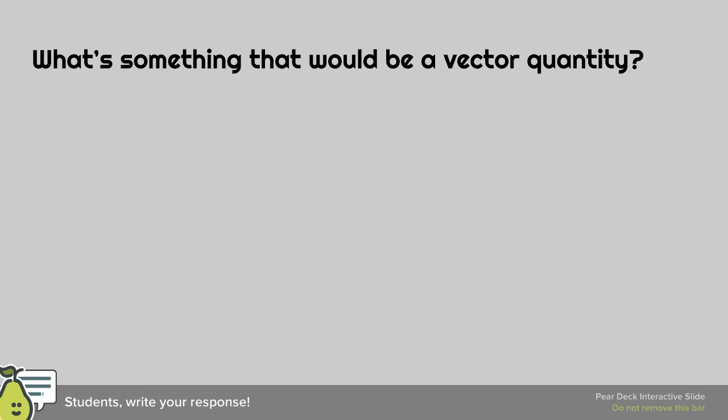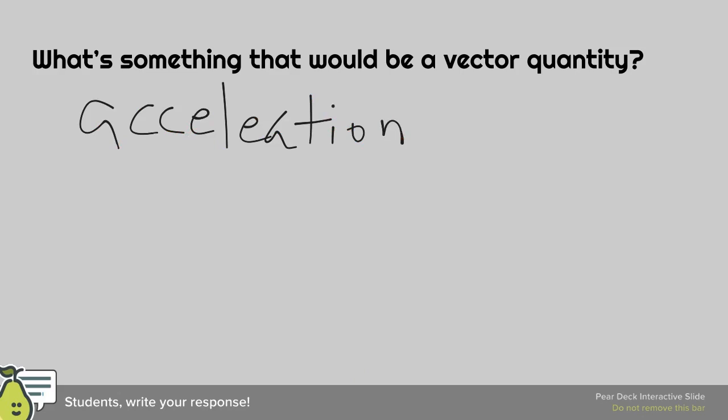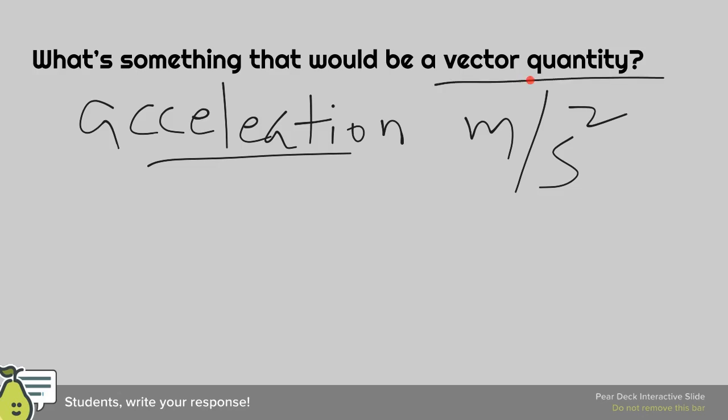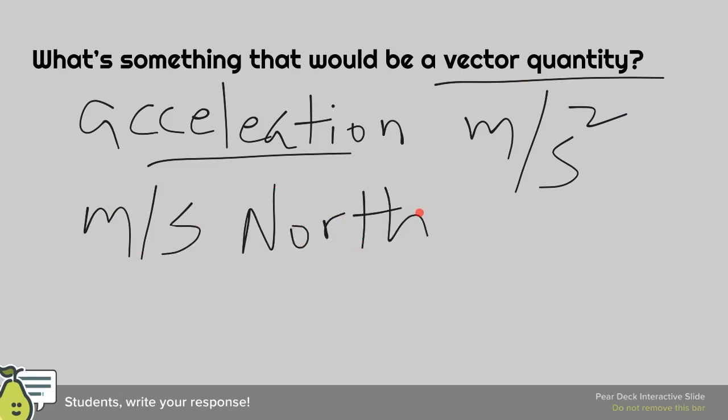So vectors, we talk about acceleration. Acceleration is a vector because things are slowing down or changing direction. So acceleration, meters per second squared. If you see something like that, that's an acceleration, and it's automatically considered a vector. Or meters per second north, or an arrow with a 10 by it and it's east.